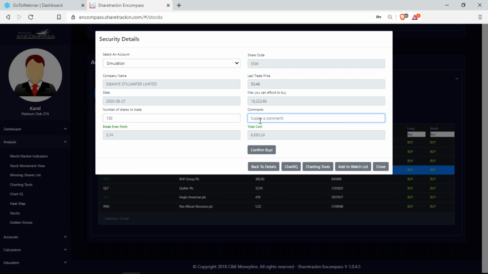So as you noted earlier on, I showed you the fundamental side as well. The fundamental side would be the direct dealings, your dividends history, your financial statements, and the market news. You can use that to your advantage to buy the share.